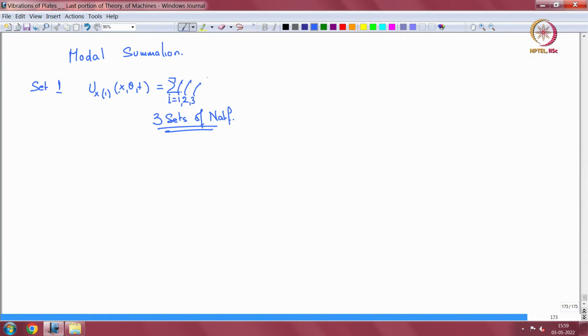Then you have the m set of mode numbers, the n set of mode numbers going from 0 onwards. Then we have the participation factor with time, and then the component of the mode shape in x direction, which is a function of x, theta.